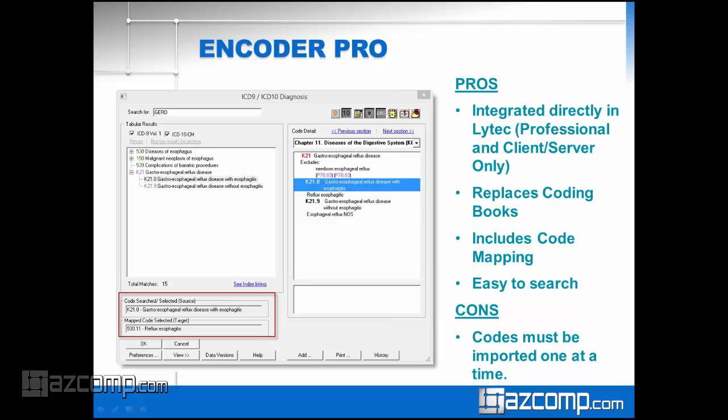That integrated functionality is actually only available to our Professional and Client Server versions of Lytec. So if you are on the Single or Multi-User version, you can still get Encoder Pro, but it's going to be more of a standalone. You'd use it to look up and find your codes, but it wouldn't actually import into your system. Not 100% sure why that is. It is a third-party product, though, and I do need to make you aware of that.